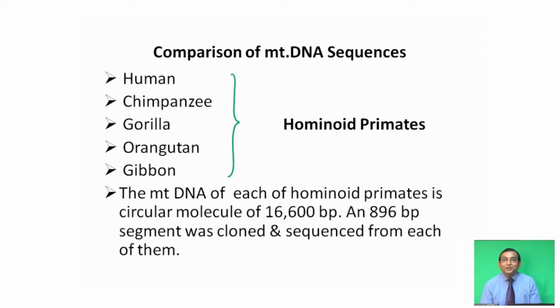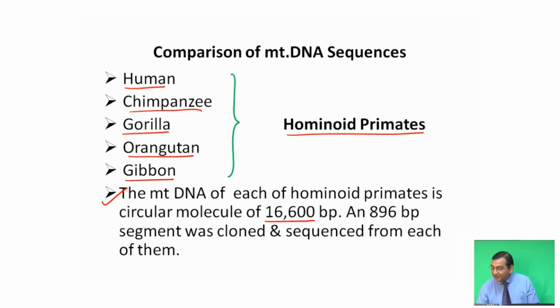Now, comparison of mitochondrial DNA sequences in hominoid primates. We have to find out the evolutionary relationship between human, chimpanzee, gorilla, orangutan and gibbon. That is, what are their evolutionary relationships. The mitochondrial DNA of each of these hominoid primates is a circular molecule of 16,600 base pairs.